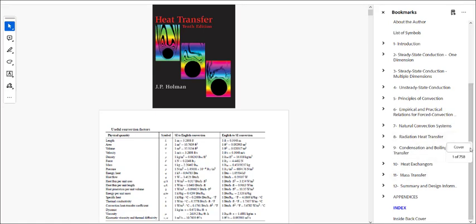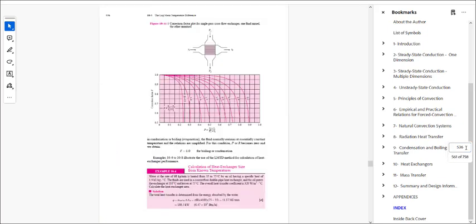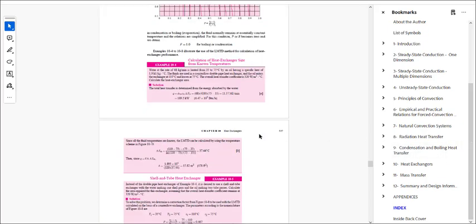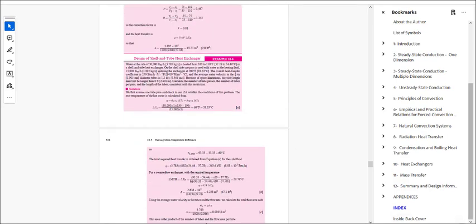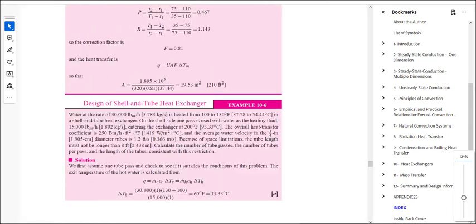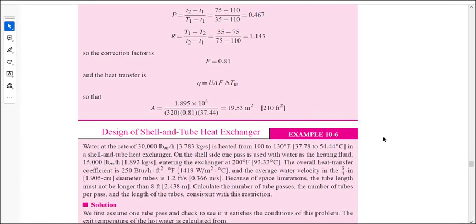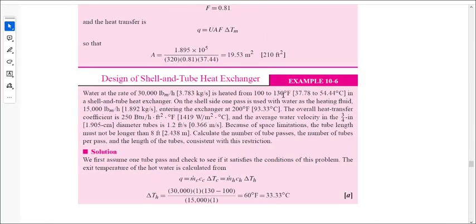You can go to page 536. I want to work on these examples: design of shell and tube heat exchangers.